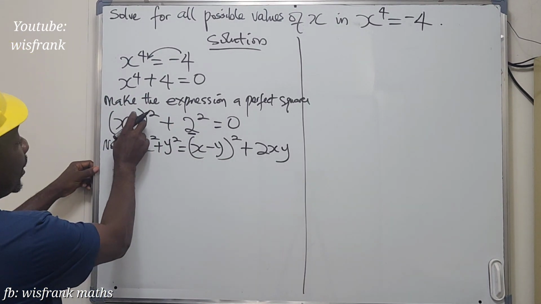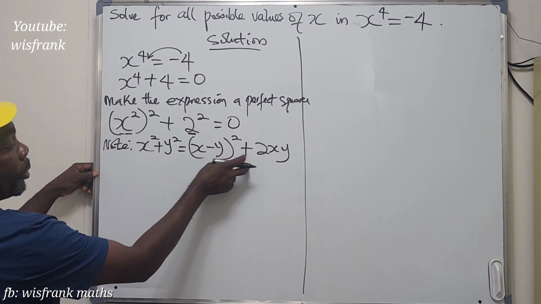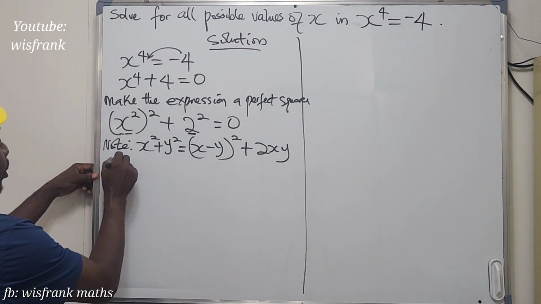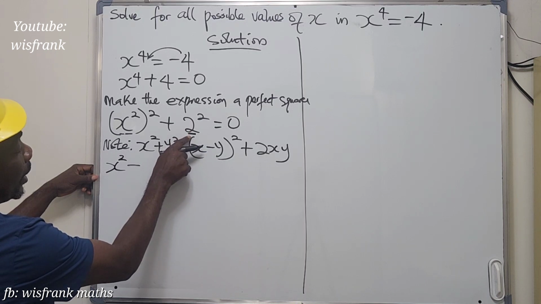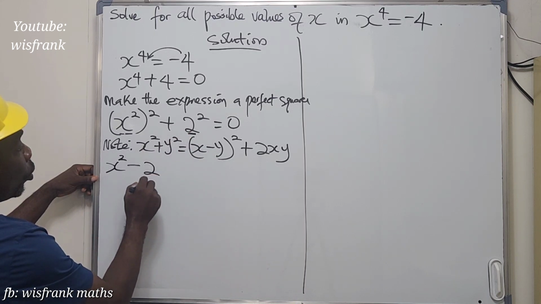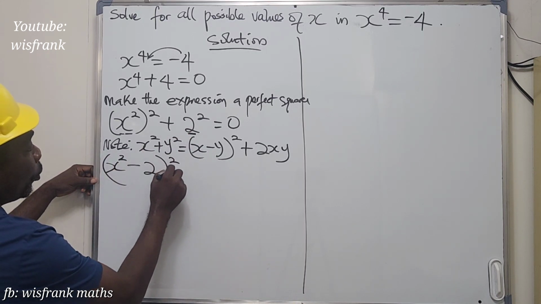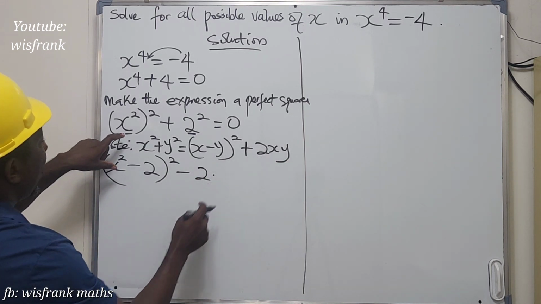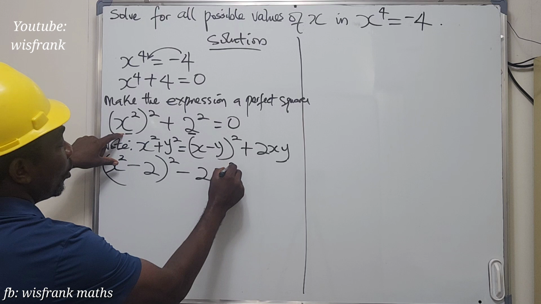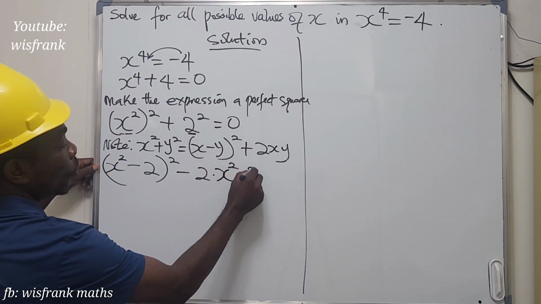As we said that this is our x, to express this in this form, we have x to the power of 2 minus, for here, this is our y, 2 all to the power of 2, minus 2xy. 2 times our x, which is x to the power of 2, then our y is 2.